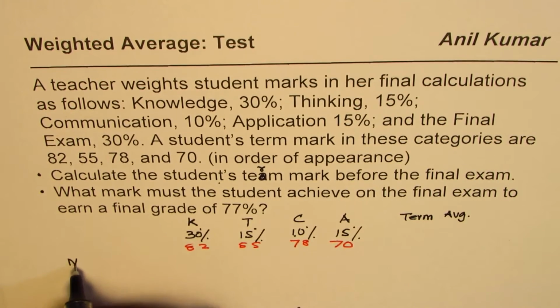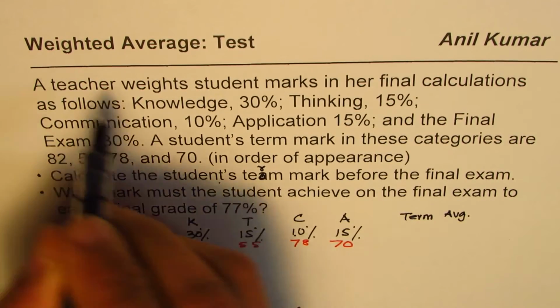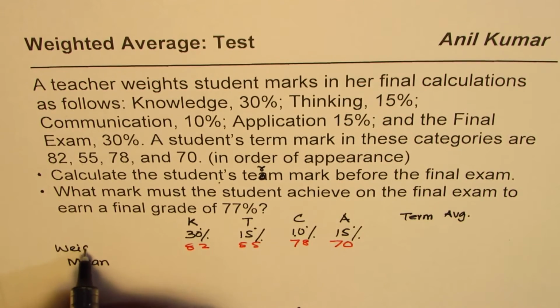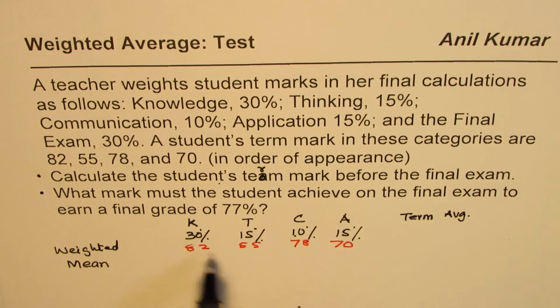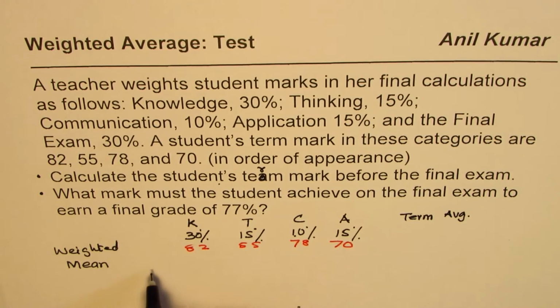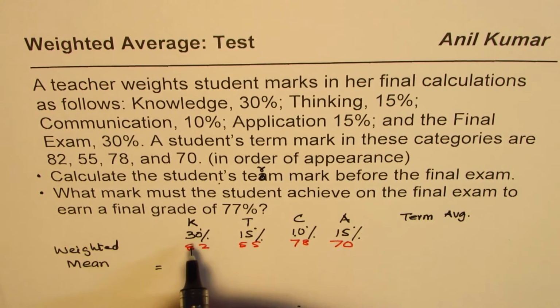So the mean in this case, which is the weighted mean, since the importance of each is different, right? It's not exactly the same. It will be the weight of the first times the mark. So the weight of the first is 30%, which you can write in decimals also.